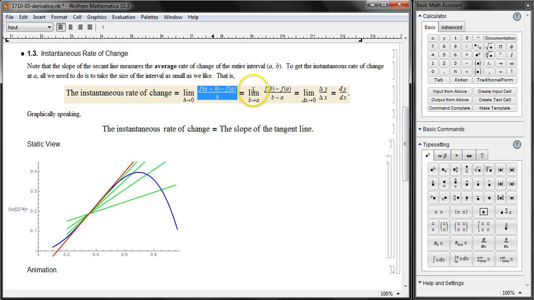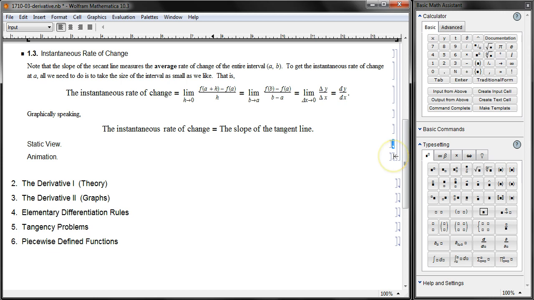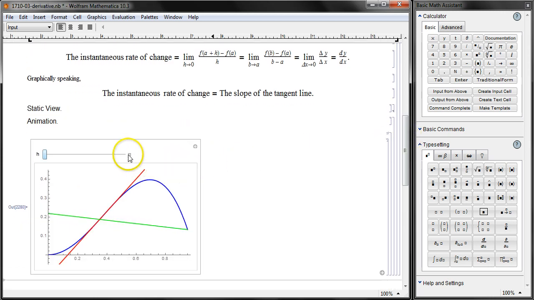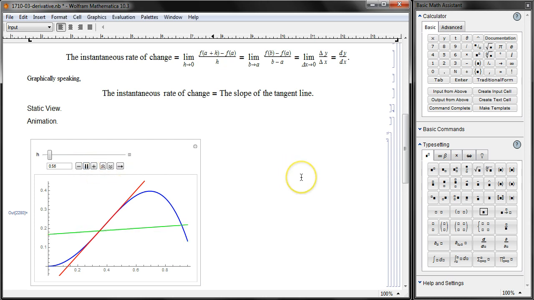All these expressions represent slope of secant lines, and we have a bunch of slope of secant lines here, as you can see, and all these secant lines are converging to this red tangent line. You can clearly see that, and here's an animation, a dynamic view. You can see the convergence, alternatively like this.